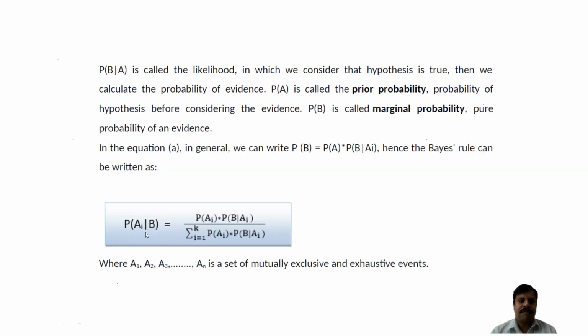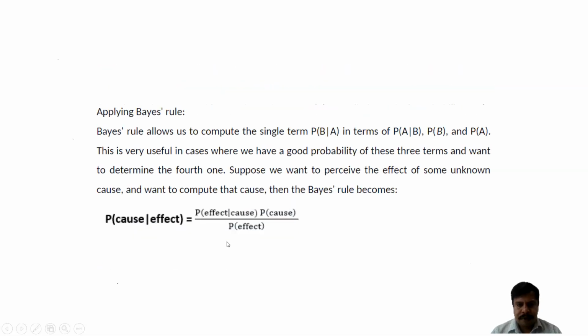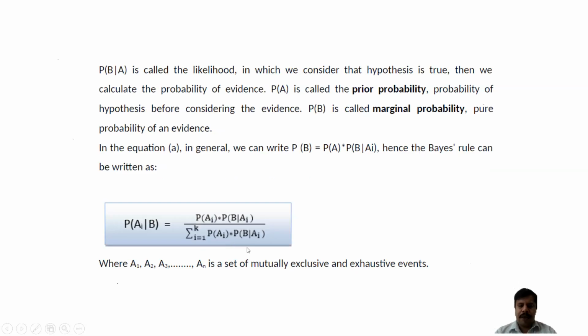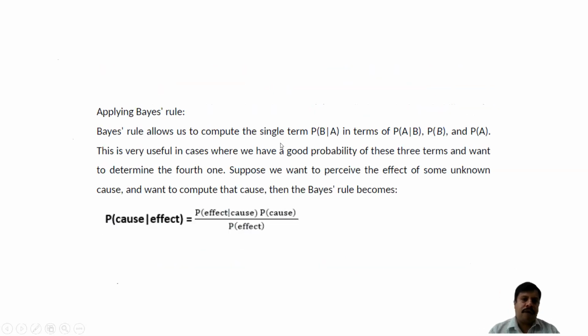If we want to calculate P of A by B when there are more events which are mutually exclusive, then we can use P of Ai into P of B by Ai divided by sigma j equal to 1 to n of P of Aj into P of B by Aj. So this is the extension of the Bayes formula.